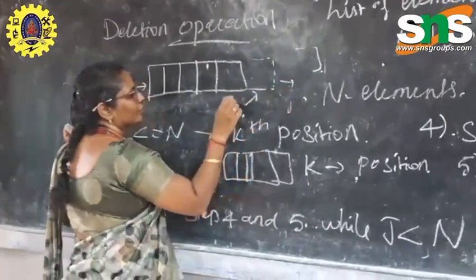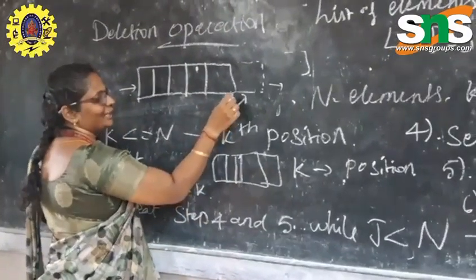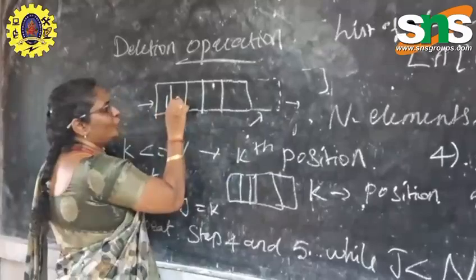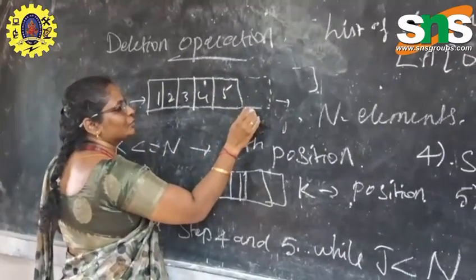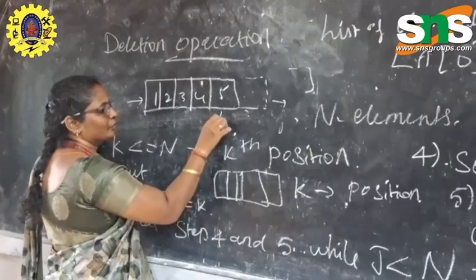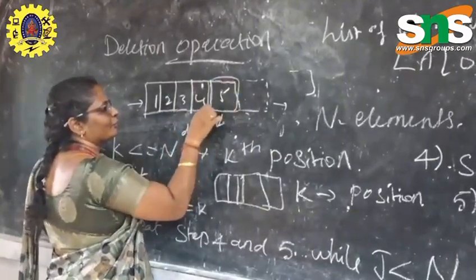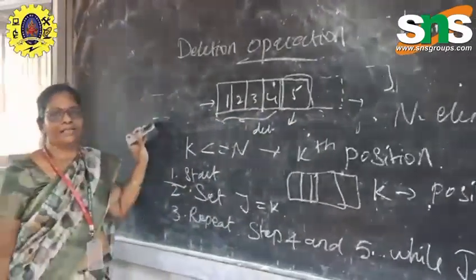So we can add elements and delete elements here. We can insert an element here and also delete an element here. If we delete 5, it will delete the element at that position, and again it will display the remaining elements. So that is the delete operation.